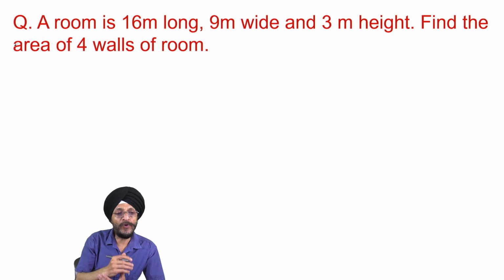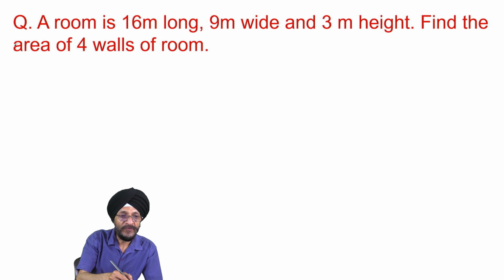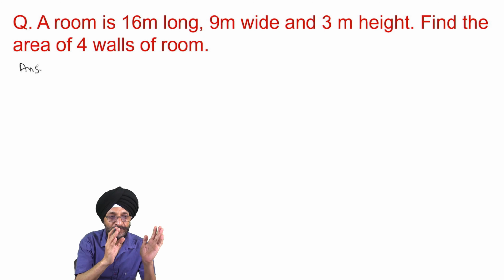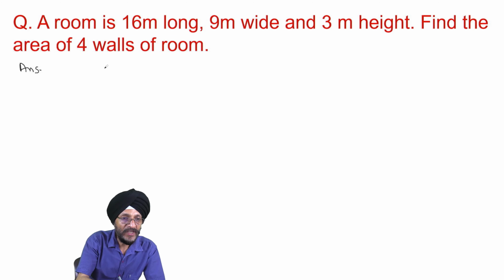Now the question before us is, a room is 16 meter long, 9 meter wide and 3 meter in height, and we are to find the area of four walls of a room. To find out the area of four walls of a room, you need to add up the areas of each of the individual walls.